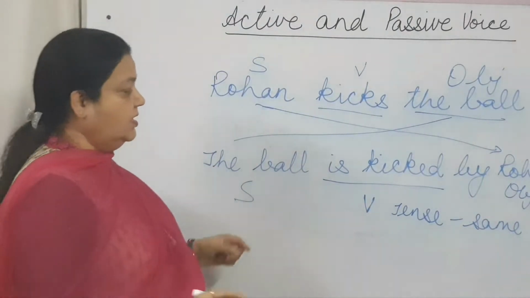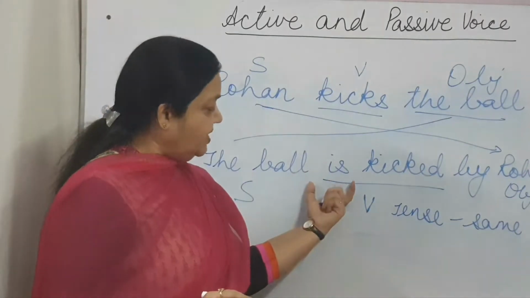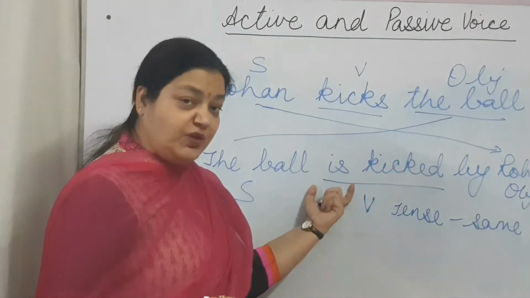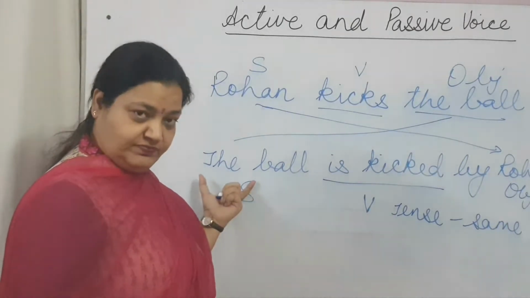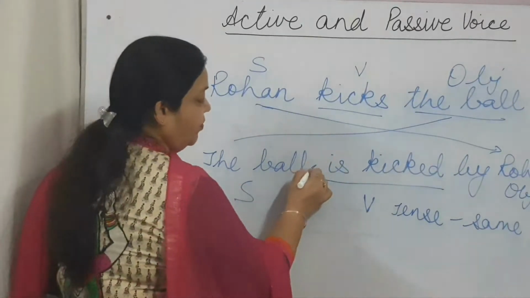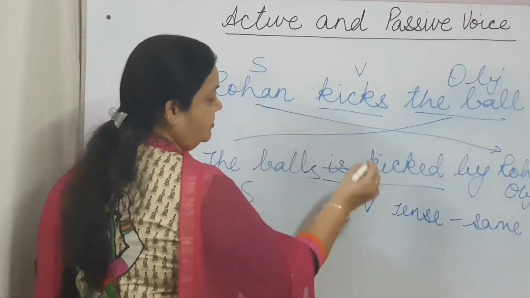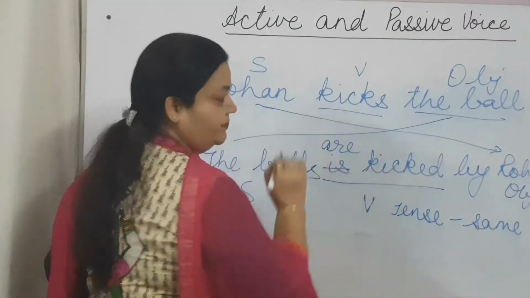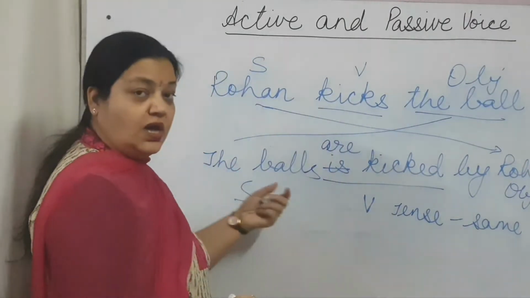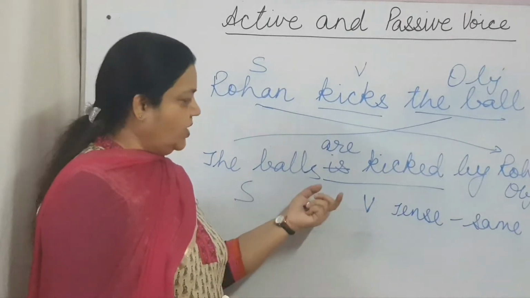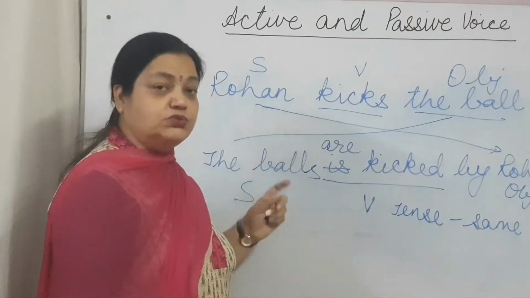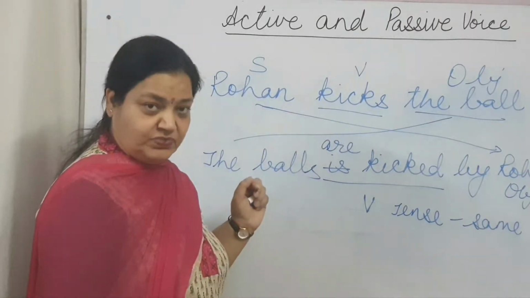Now here a helping verb is used according to the new subject. If it had been balls, it would become are. If I, then am. So am, is, are are used in present tense.